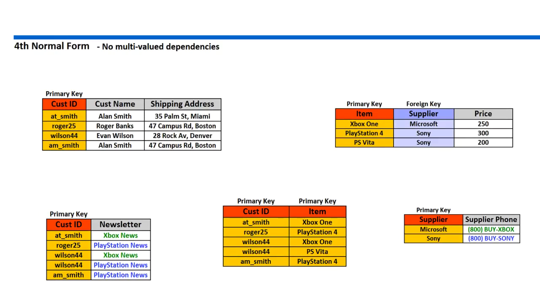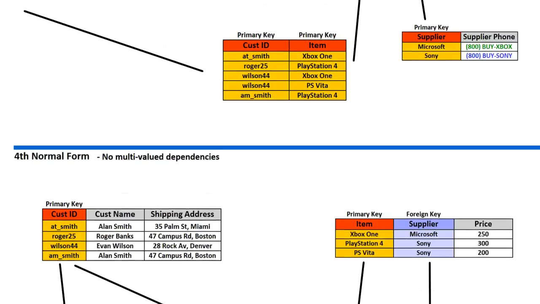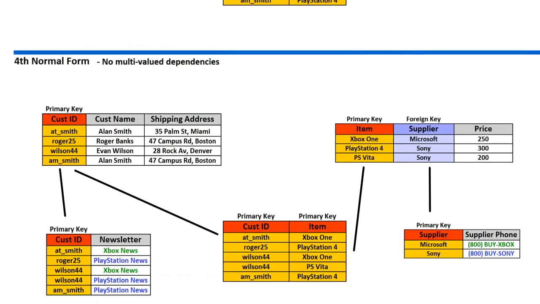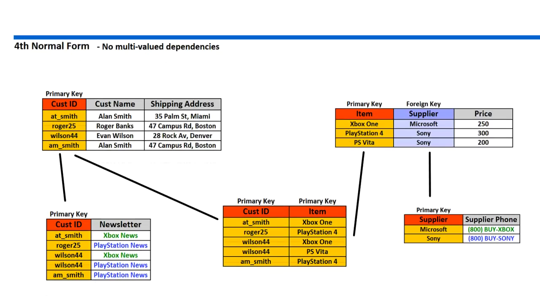So as you can see, now every customer only appears once. Wilson was eliminated twice because we don't need that. So now if I need to change his address, he's only in here once. I don't have to change it twice, and these are his subscriptions.